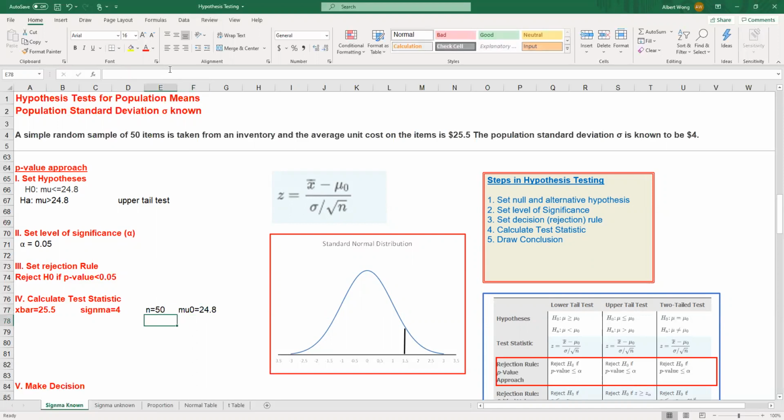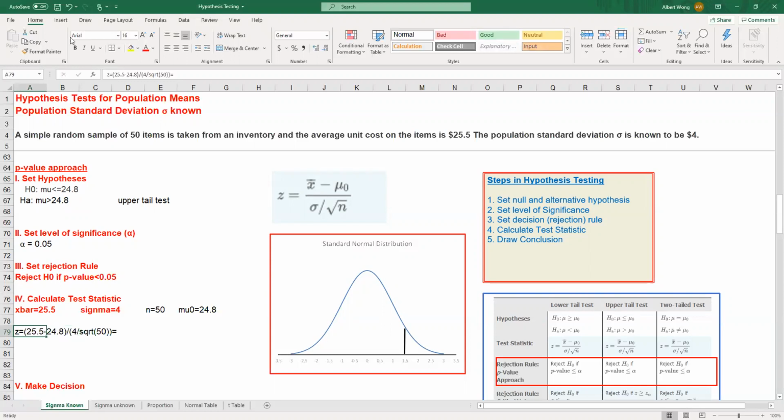So knowing these quantities, all we have to do is plug them into this formula again. Let's write this out. Z is equal to comparing what we see from the data, which is 25.5, minus what we want to test, which is 24.8, taking into account the variability, which is 4 divided by the square root of 50. And we would be able to calculate that number.